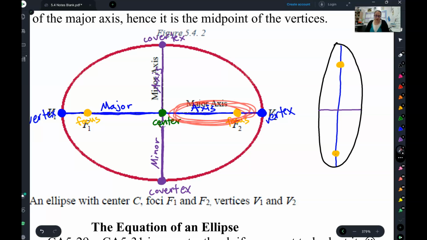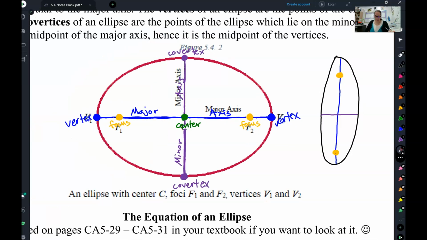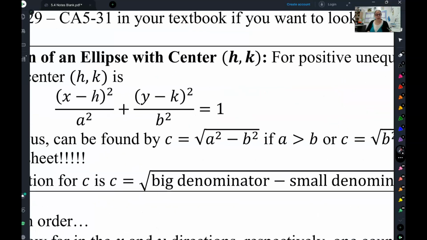They'll be somewhere in here. If they're closer to the center versus farther away from the center, that determines how skinny or round your oval is. And we'll talk about that in today's lesson. But those are our main 6 vocabulary words. With that, let's look at an equation for an ellipse and label where we find all these things.